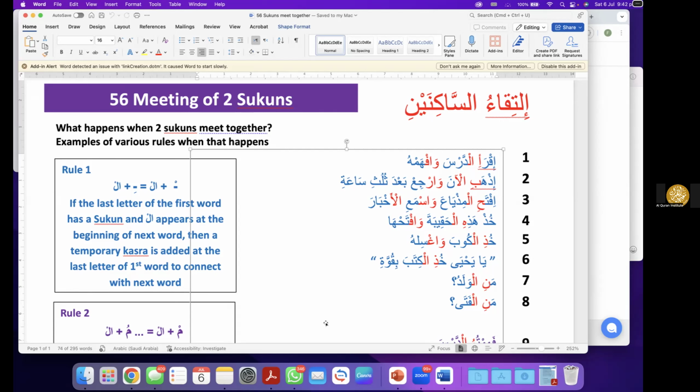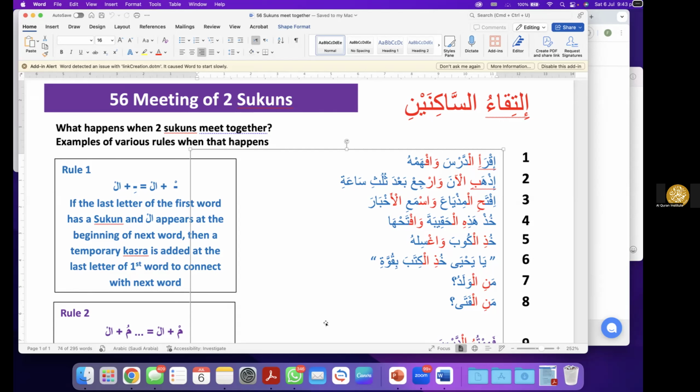Iftah al-mizya'a. Iftah will have a kasra because of the al. So what are the sukun? Sukuns are on ha and then lam. Alif doesn't matter. Iftahil mizya'a.